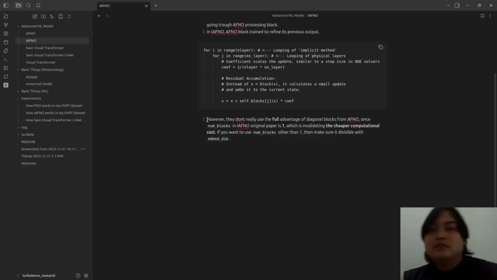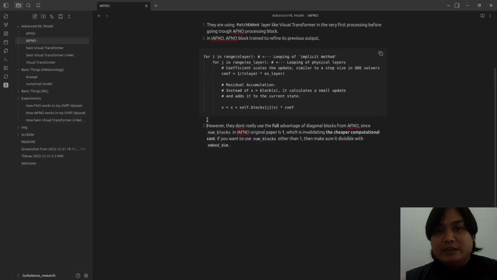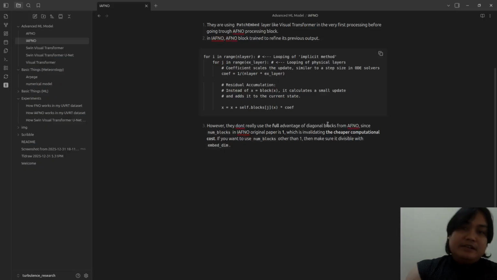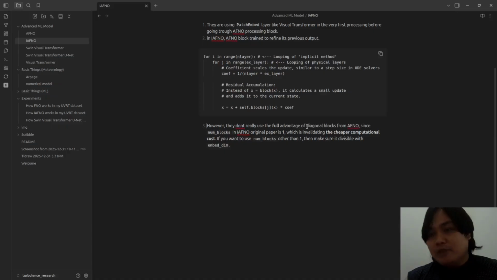But one of the things that I took note of in the IAFNO paper is this. You know that I said before that IAFNO is the enhanced version of the AFNO, right? And in the diagonal block in the AFNO, to reduce the computation, we divide the embedded dimension by some number that divides the embedded dimension, right? For example, if the embedded dimension is 100, then we can choose, for example, 5 or 25 or 2 or 10, something like that.